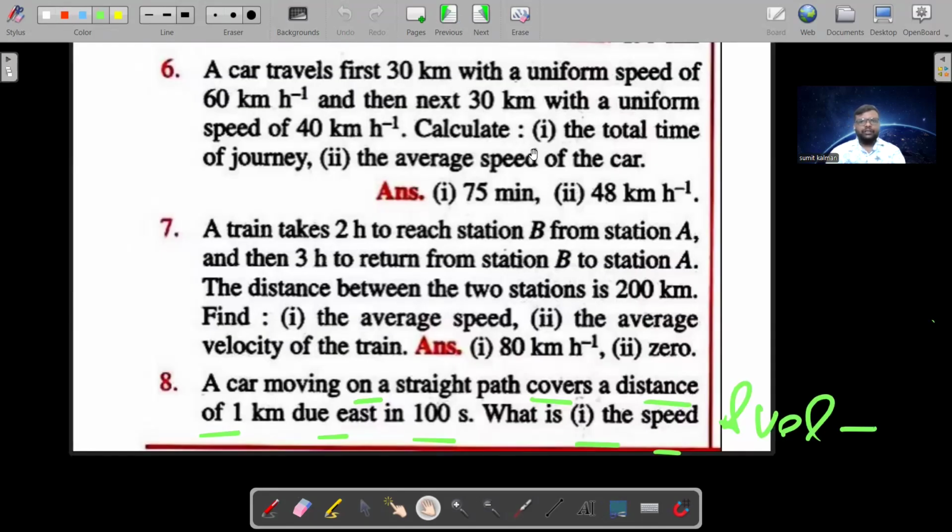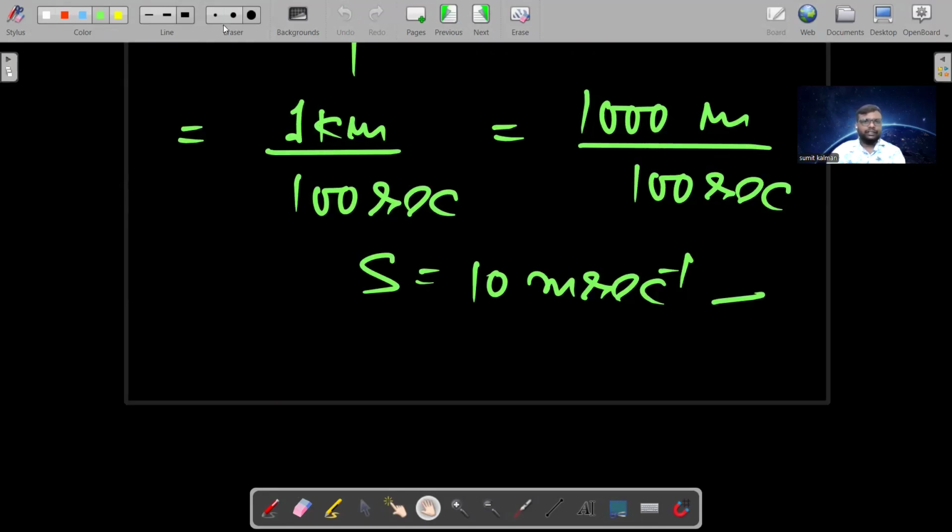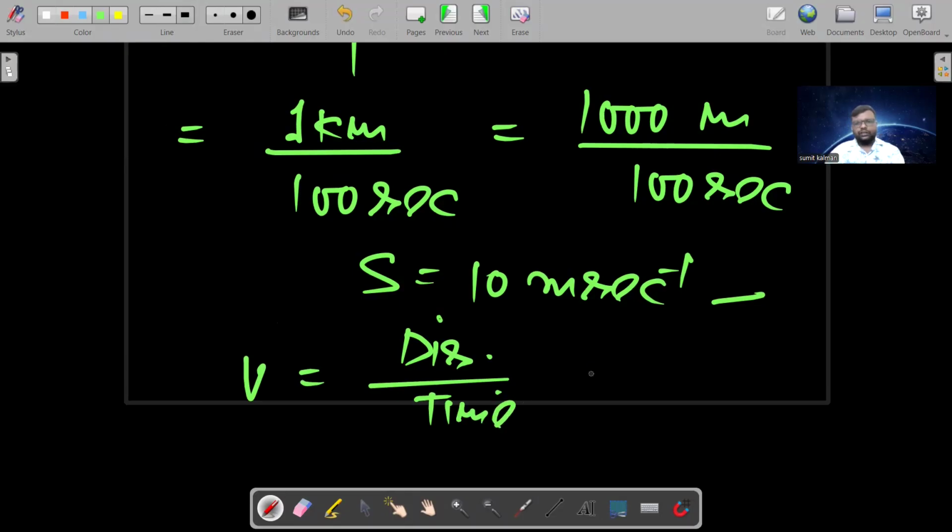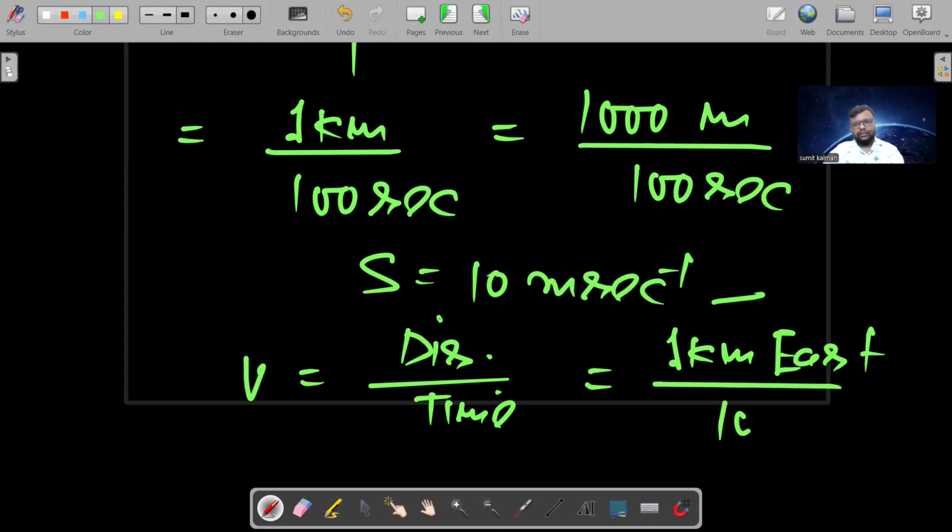Now students, next you have to calculate velocity. So students, velocity will be how much? Velocity is displacement upon time. So your displacement is how much? 1 kilometer east. Time is how much? 100 seconds.